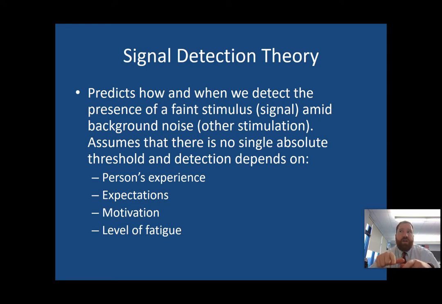Like, what are the conditions that we can create to basically lower the absolute threshold for individuals? What can we do to make it so that you can see that candle flame from 35 miles instead of 30? And how can you then filter out all that background noise, right? That then allows you to correctly identify the stimulus that you're looking for.